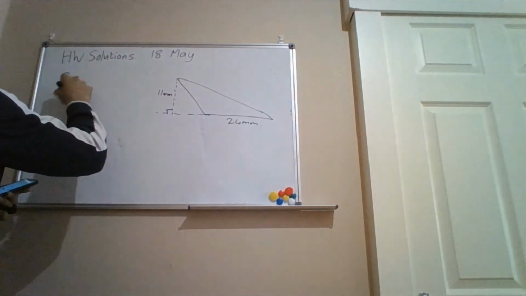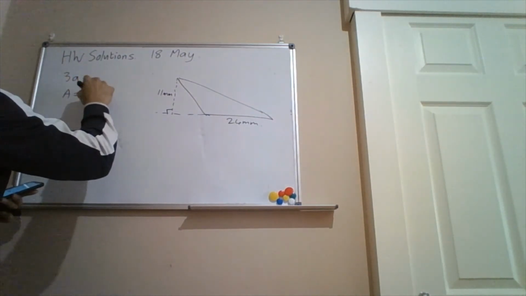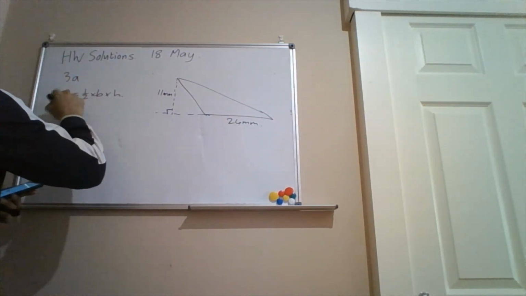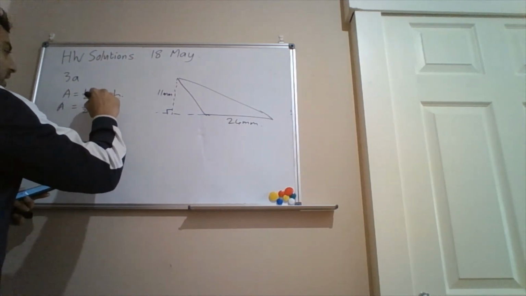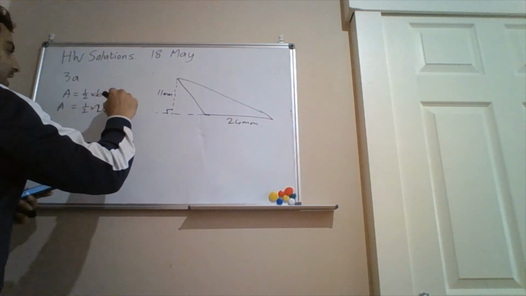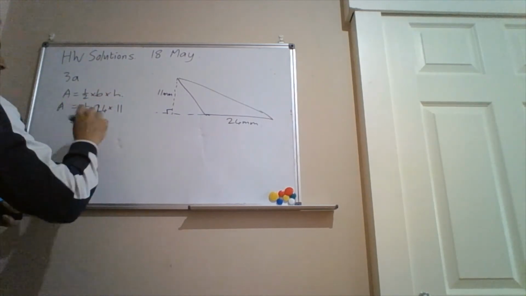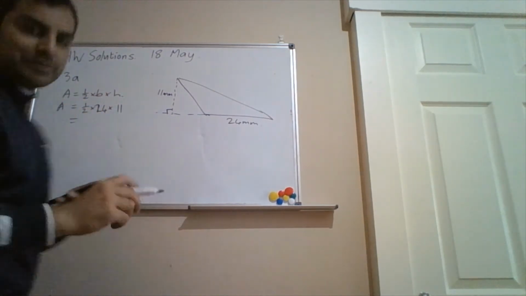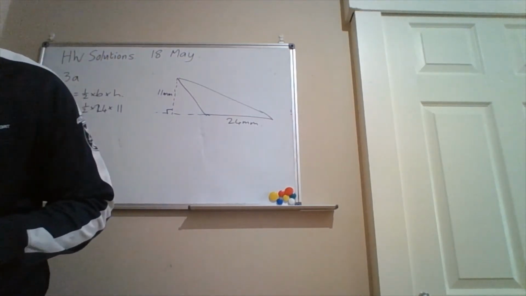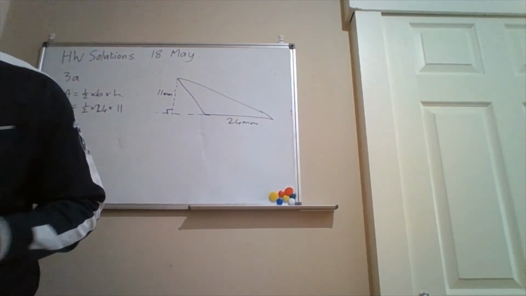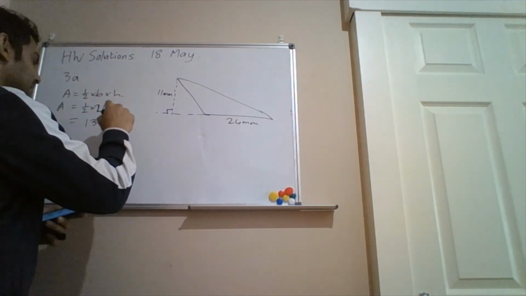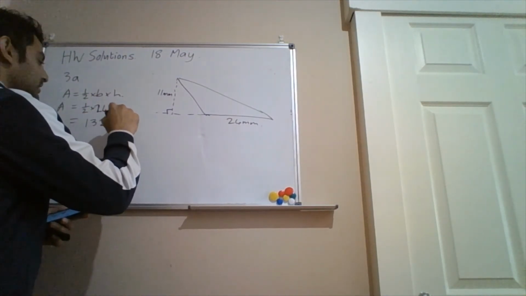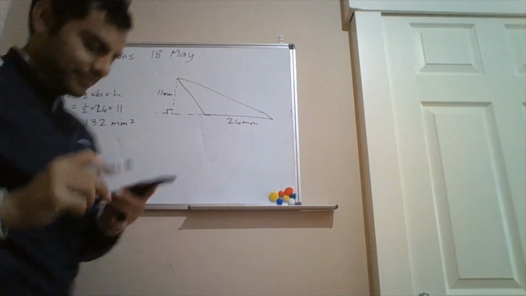Our formula for area is a half times base times height, so that's a half times base, which is 24, times height, which is 11. Half times 24 is 12, times 11 should be 132. And don't forget our unit, millimeters squared.